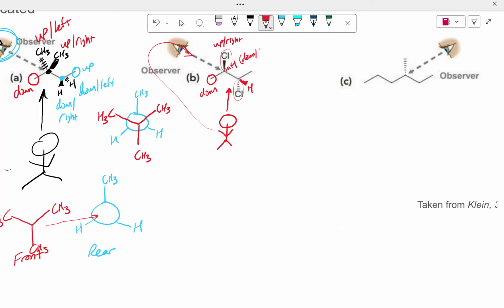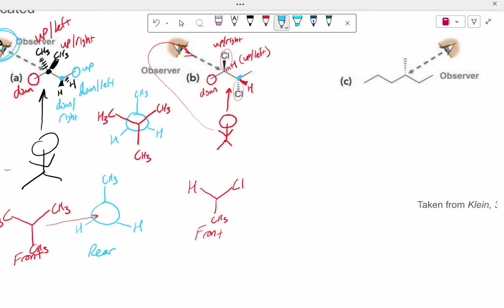I'm sorry, not down. Up and to the left. So my front carbon will look like this. All that CH3 down. This chlorine will be up and to the right.